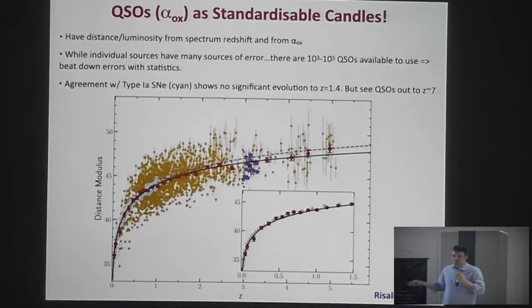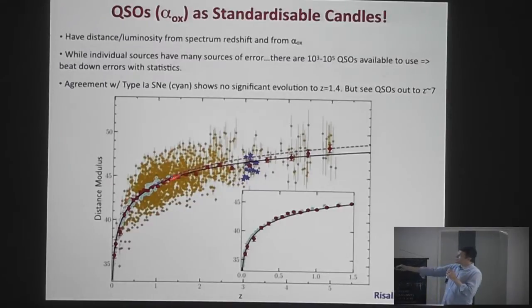There's a decent amount of dispersion in the alpha OX relation, and so this is the individual measurements, but we have many, many thousands, and eventually we're going to have 10 to the 5 of these things once eROSITA launches and observes. eROSITA is launching next month, and it's going to observe over 4 years and end up with almost 250,000 AGN that are observed in the X-rays and in the optical.